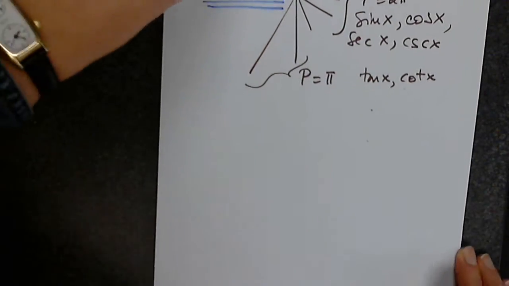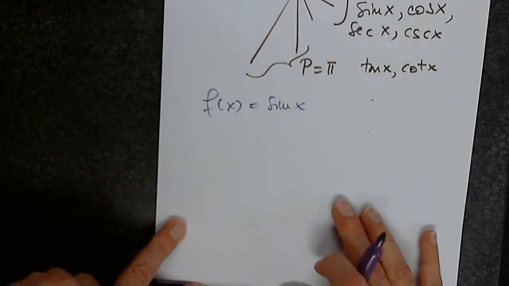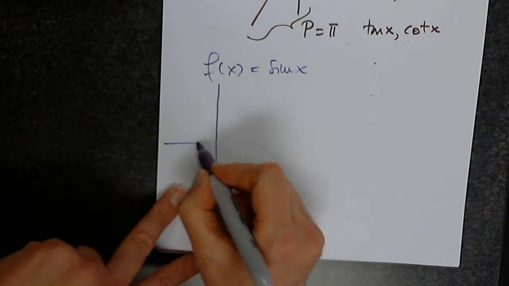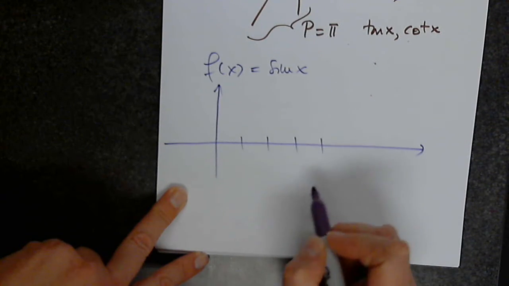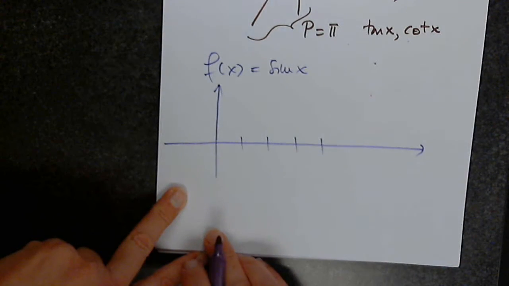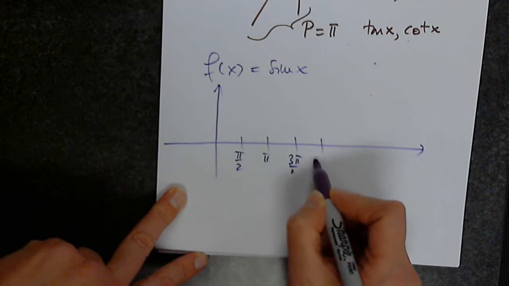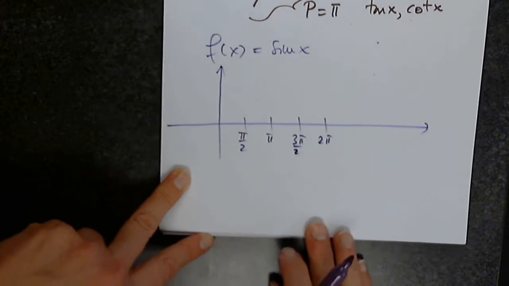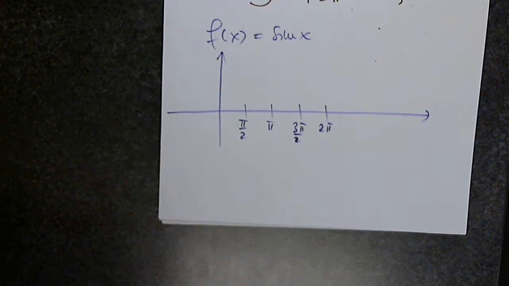So f of x equals sine x. Pi over 2, pi, 3 pi over 2, and 2 pi. 90, 180, 270, and 360.